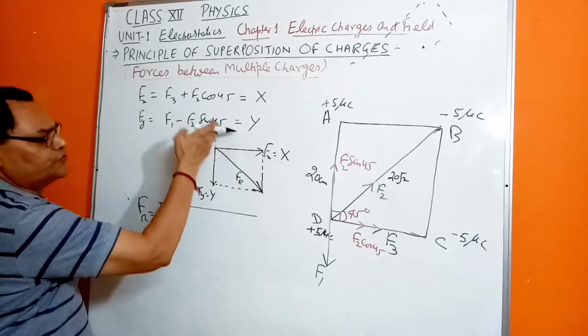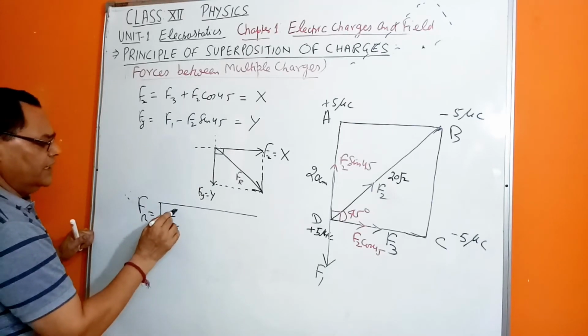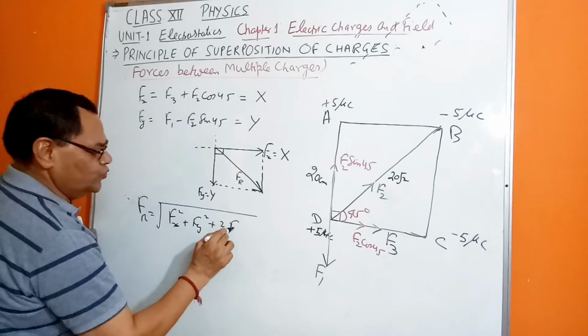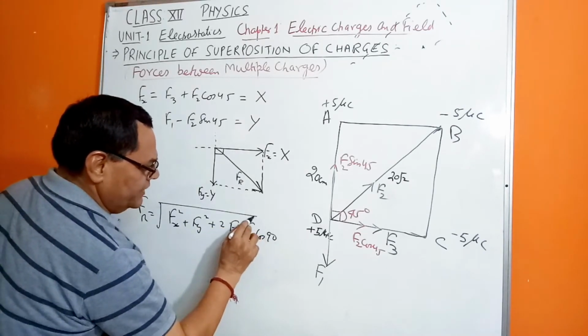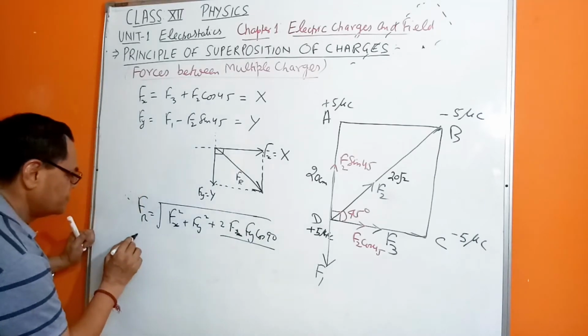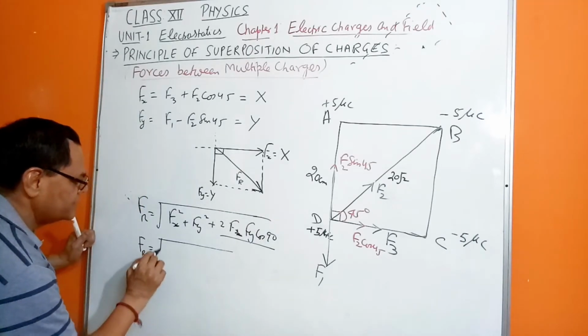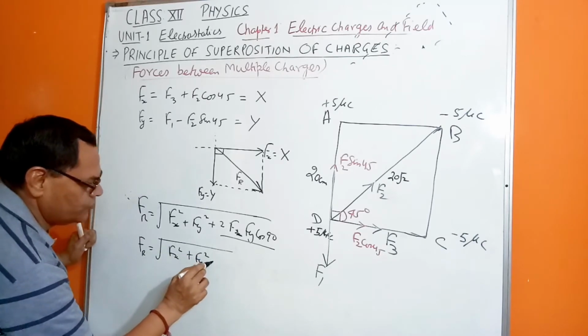By chance these two forces are already at 90 degrees, so you will get Fx square plus Fy square plus 2 Fx Fy cos of 90. This term becomes 0. So we are left with the resultant force equal to the square root of Fx square plus Fy square.